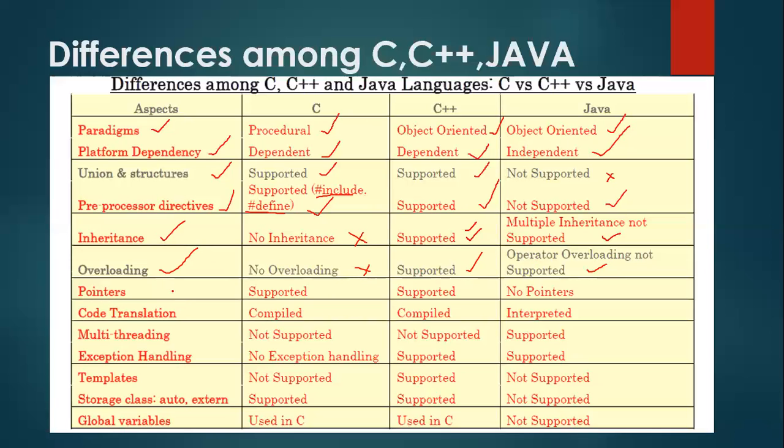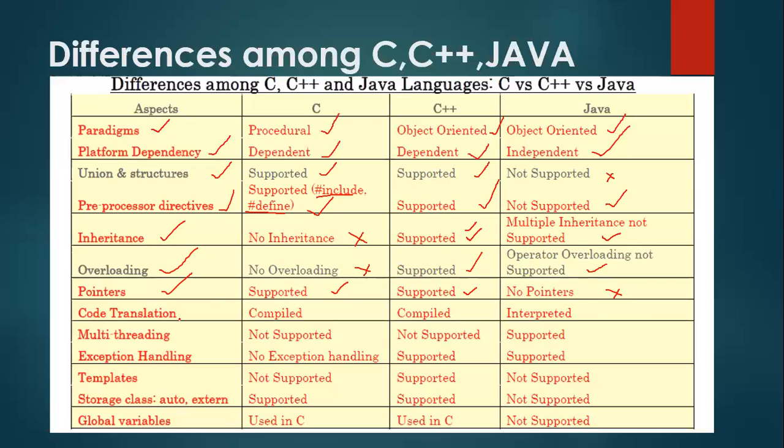And the next one is pointers. In C, you use pointers to access the variables through addresses. In C++, the pointers concept is also there, but in Java, there is no pointers concept, for avoiding security issues.